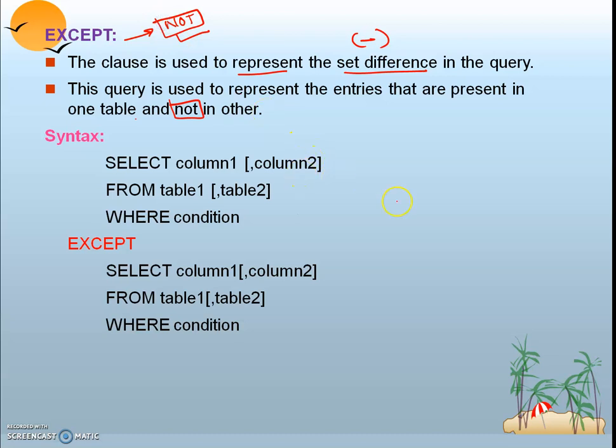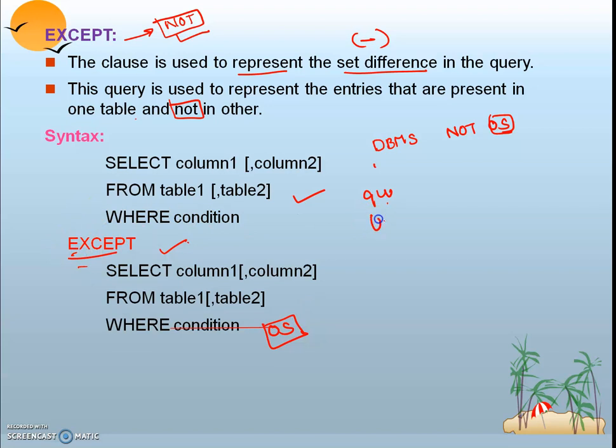So if your query says find the students who have reserved DBMS and not the OS book, then write the query for DBMS first and then use except and then give the OS condition in the second query. It's all about replacing the elements.